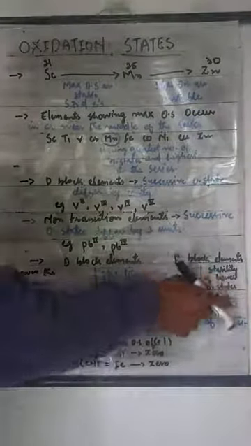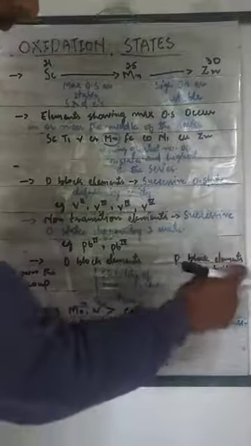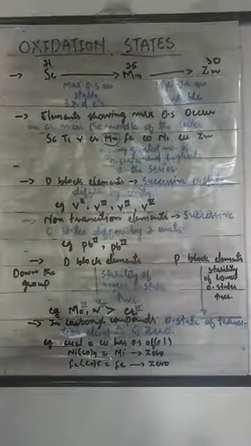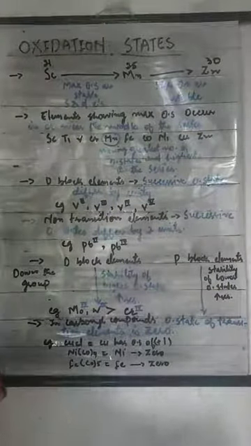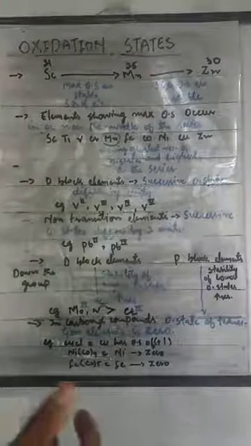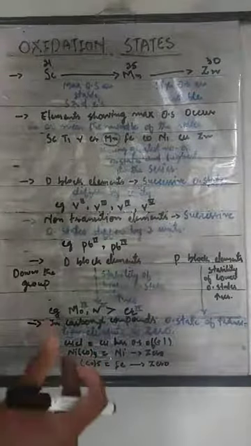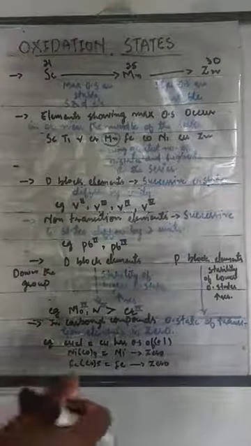In case of P block elements, when we move down the group, stability of lower oxidation states increases. It means that in case of P block elements, the heavier elements will prefer to form compounds in lower oxidation states because those compounds will be stable.